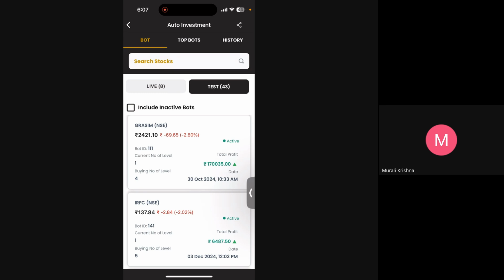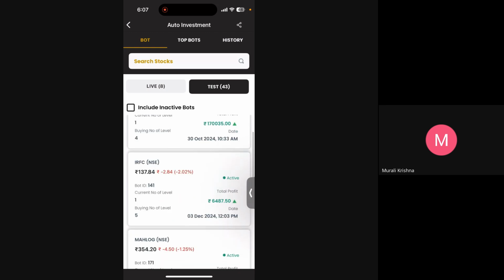You can see here I have a Grasim bot, which has already accumulated 1,70,000 profit. This bot was created on 30th of October. Next is IRFC, which is active. It has already made a profit of 6,487 rupees, and this bot was created on the 3rd.